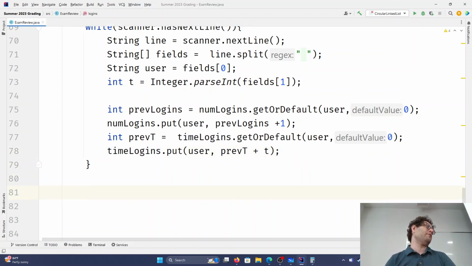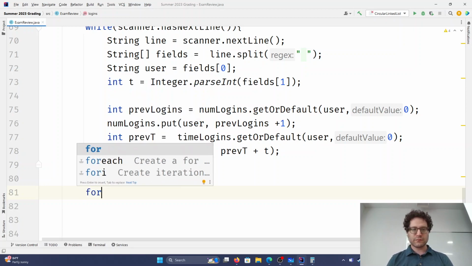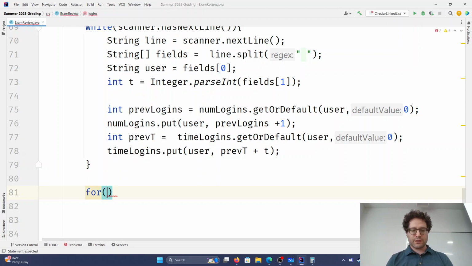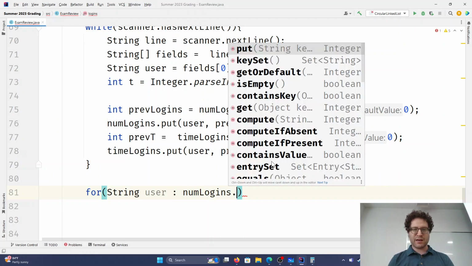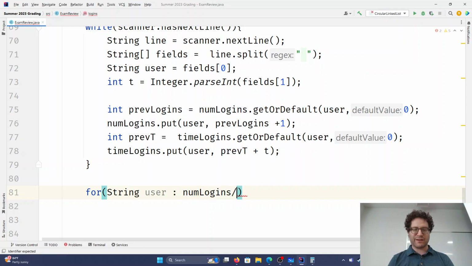Now that we've collected the number of times everybody's logged in and the total amount of time everybody has been logged in for, for String user in numLogins.keySet, and we only need to iterate over one since they'll have the same keys, right? Make sense?